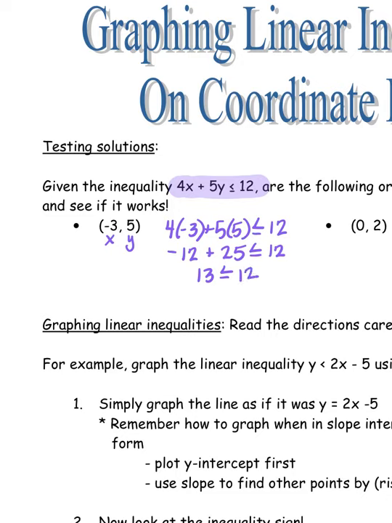So I ask myself, is 13 less than or equal to 12? And my answer would be no. So this does not work. It is not a solution to our inequality 4x plus 5y is less than or equal to 12.